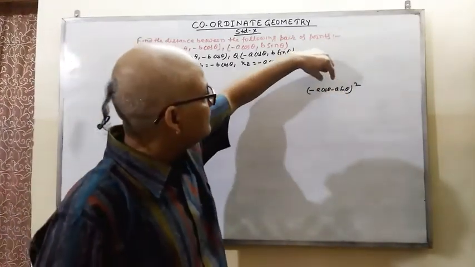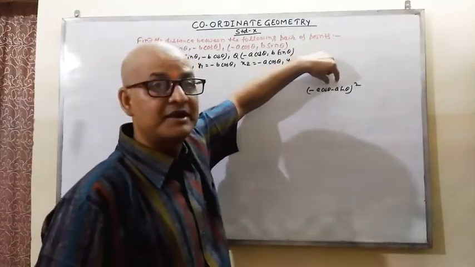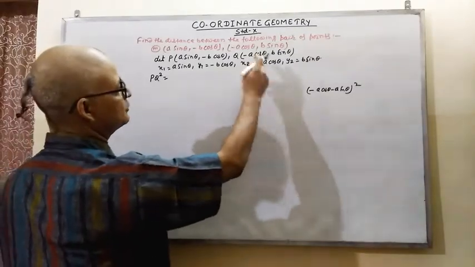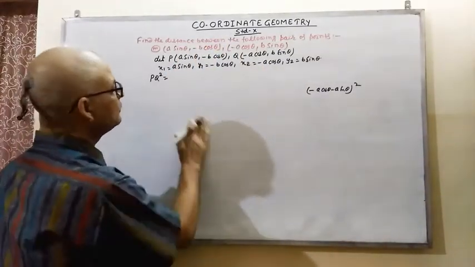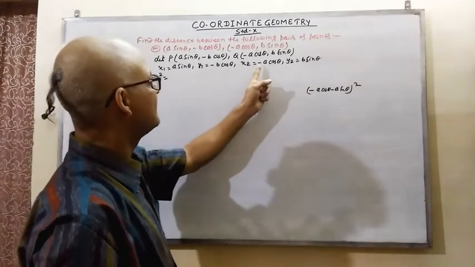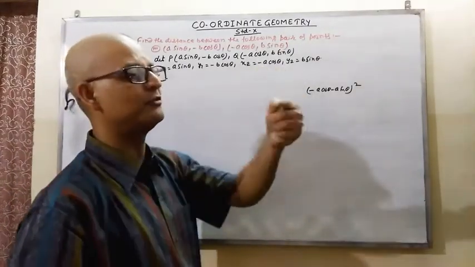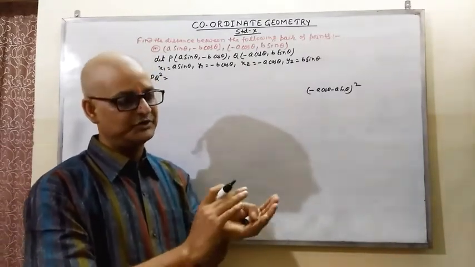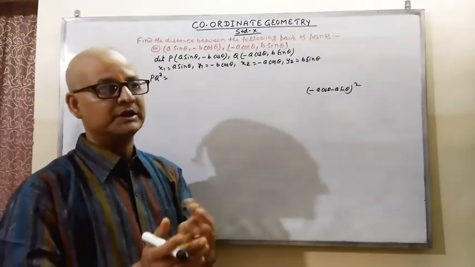If you want to avoid this mistake, then one thing you do, take x1 minus x2 whole square. If you take x1 minus x2, then a sin theta plus a cos theta automatically you will get. So it depends on the situation, which one you subtract from which one.